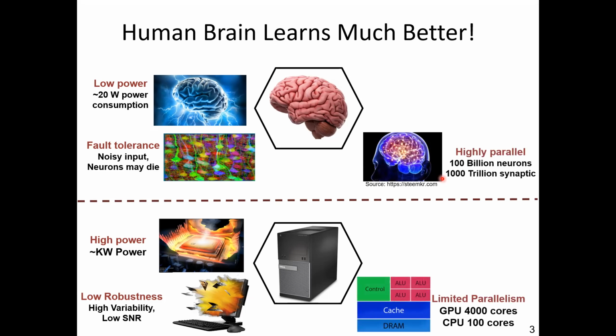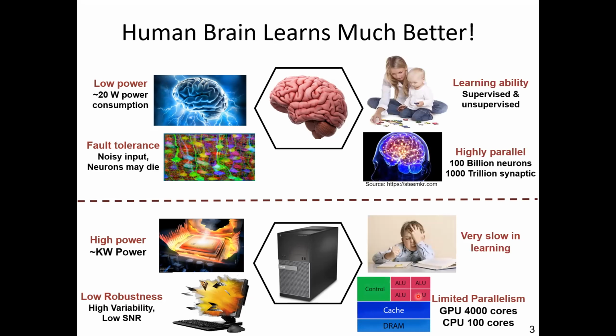The brain consists of 100 billion neurons connected together in a sparse way, and they provide highly parallel computation. But the amount of parallelism on today's computer is limited by the number of cores. And we all know this is a best case scenario. In many cases, we cannot even utilize the cores because of the memory wall or data movement issue.